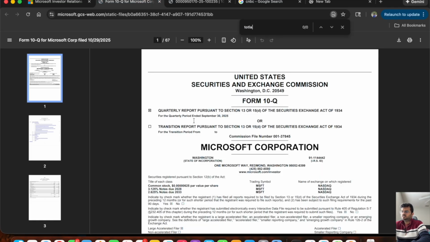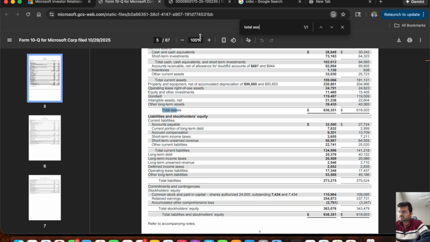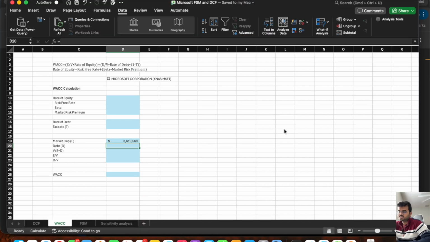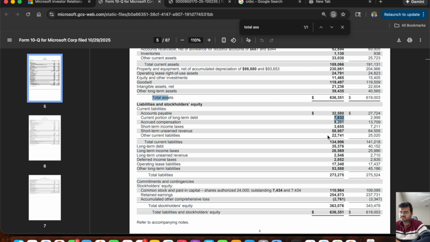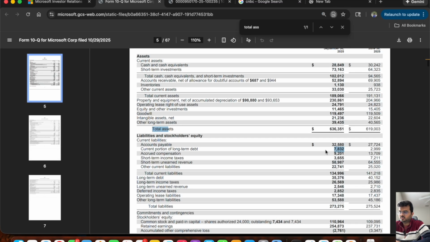I will figure out the total debt the company has. Here they have mentioned long-term debt of approximately $35 billion, and current portion of long-term debt of $7 billion. So these are the two numbers we need. I'll put them in: 7,832 plus 35,376.